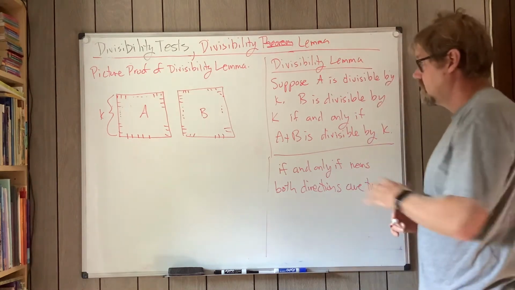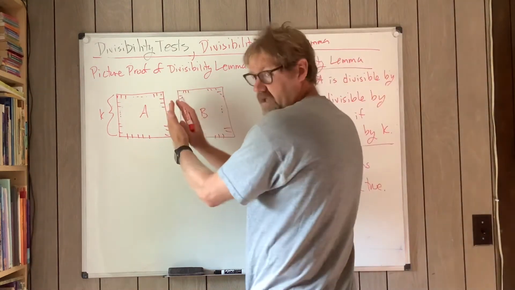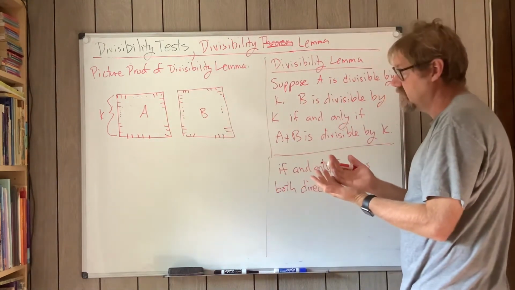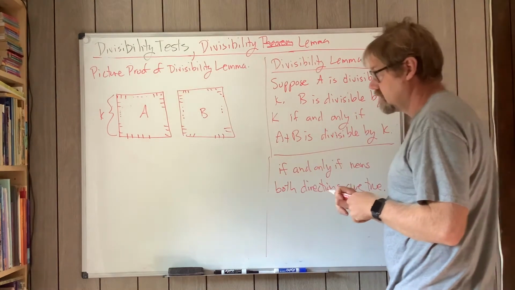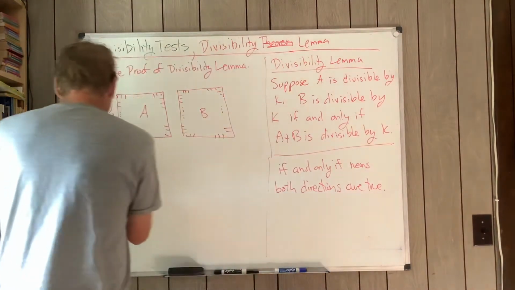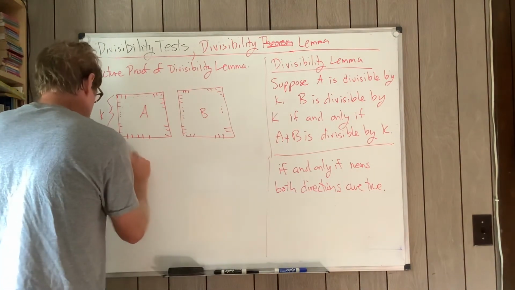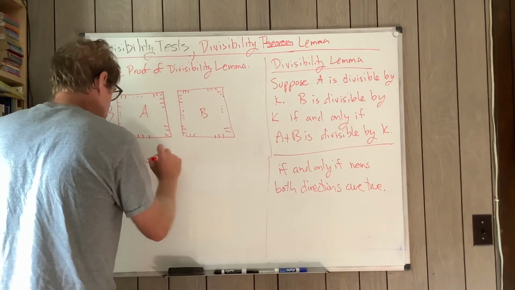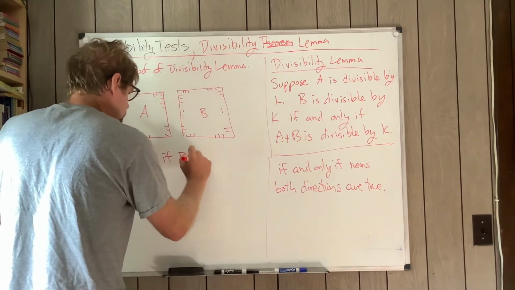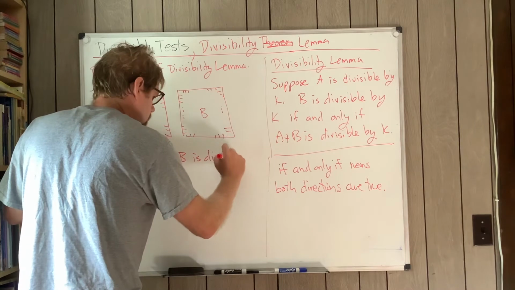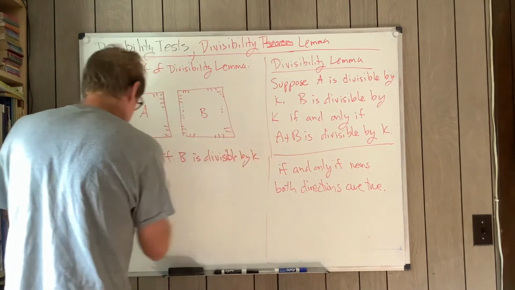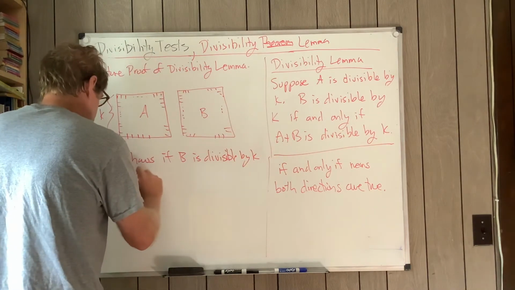Then all I have to do is mush it together, which you can kind of see, and you get that. Right? So this shows if B is divisible by 6, or by K, then A plus B.